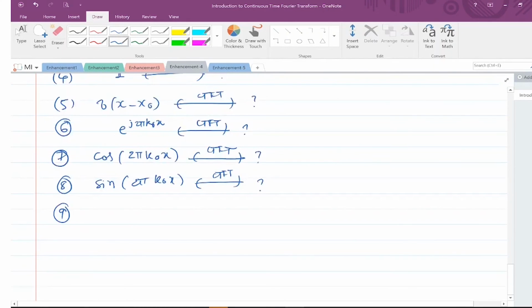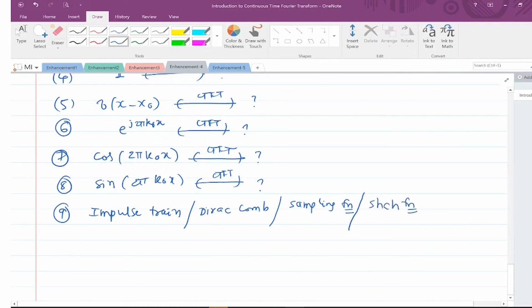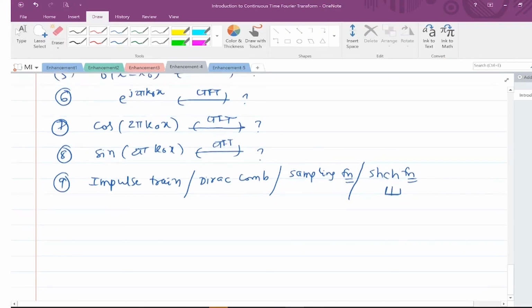Then the ninth one, you know it already by the name impulse train. There are other names that are also used for it. For example, they call it Dirac comb. Of course, this is also known as sampling function and also known as Shah function. The symbol used for the Shah function is this. There is also another symbol that people typically use, to show it as impulse train delta of x.